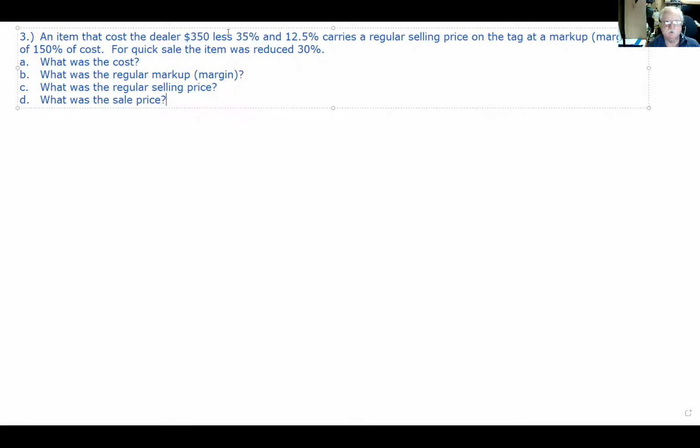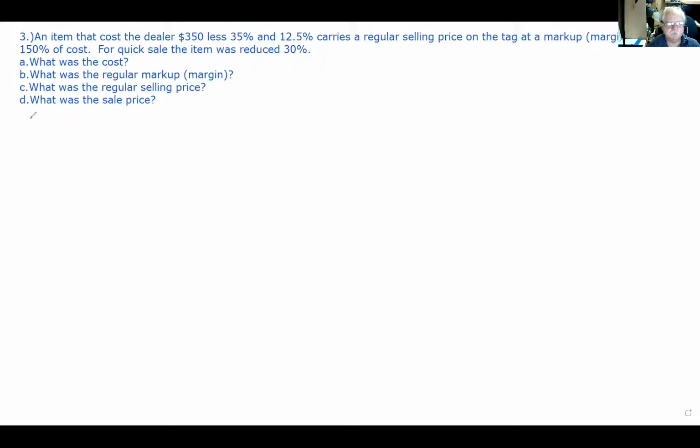So again, they want us to use the formulas we had in the beginning of the chapter. So they've told us it cost the dealer $350. So cost equals $350, but there were 2 discounts. 1 minus 0.35 and 1 minus 0.125.